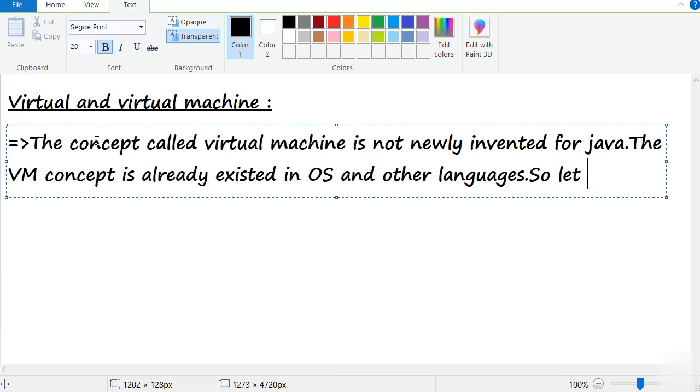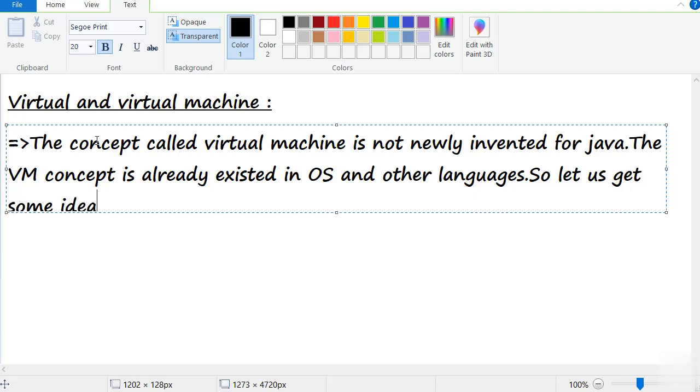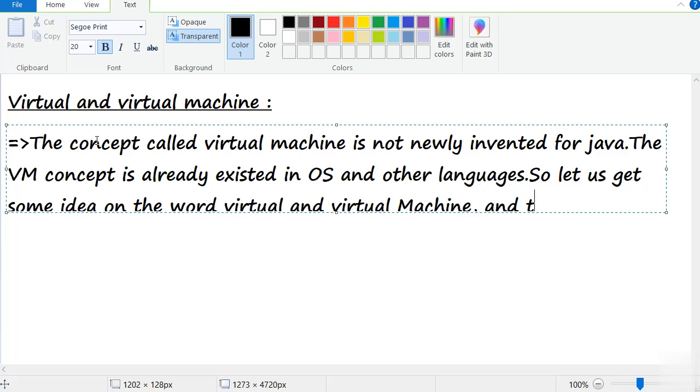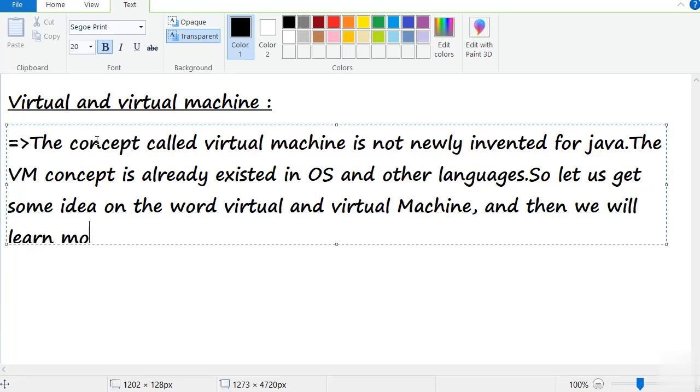So let us get some idea on the word virtual and virtual machine, and then we will learn more about JVM, Java Virtual Machine.